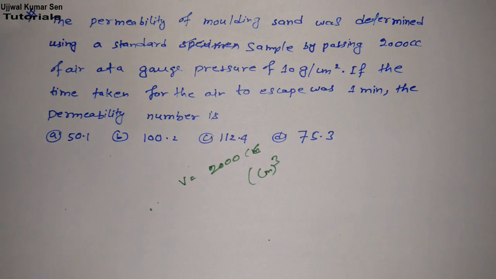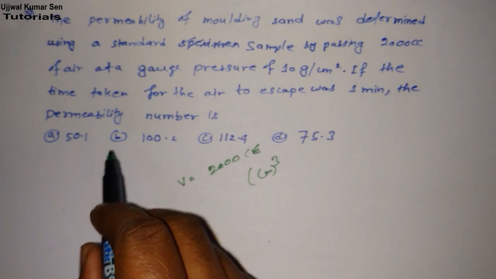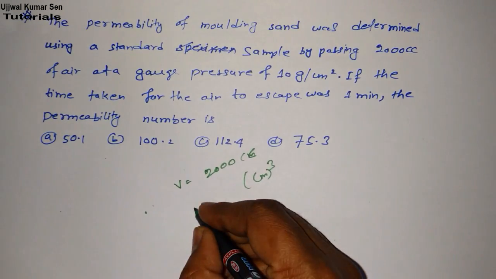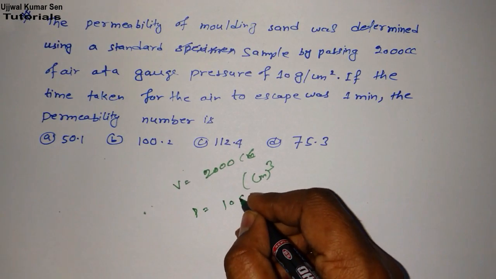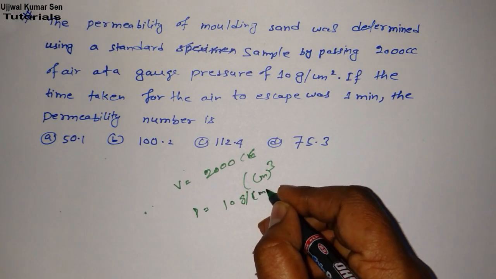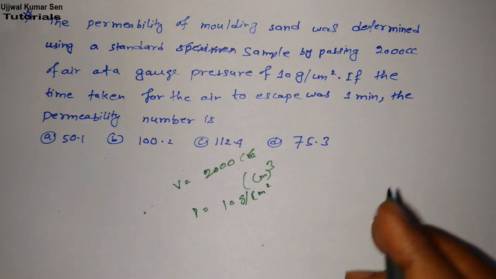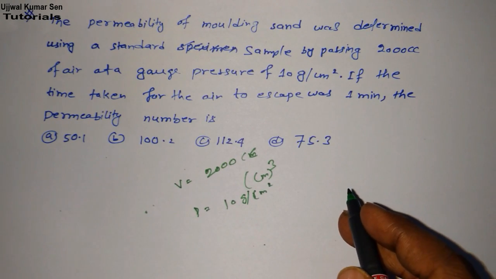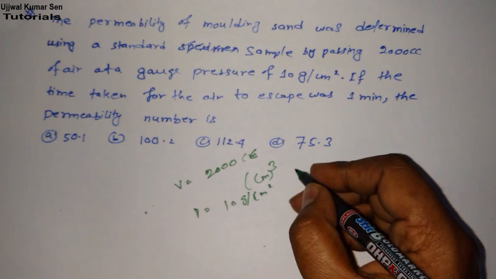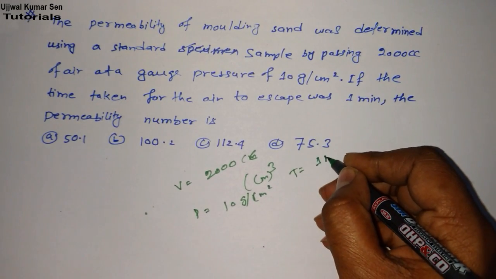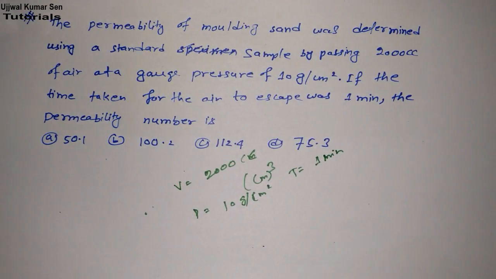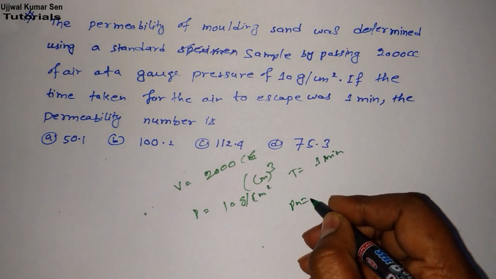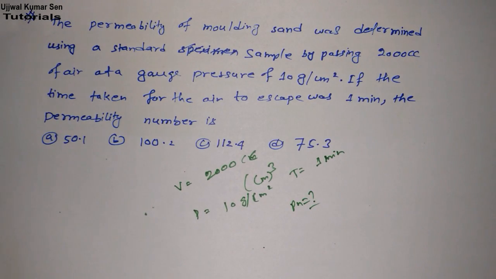Usually we know cc from the engine of a bike, because it stands for volume. The gas pressure is given as 10 gram per centimeter square. The time taken for the air to escape was 1 minute. Now we have to find Pn. I have already shared the formula with you.